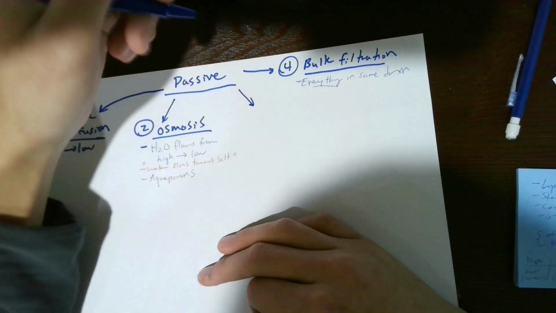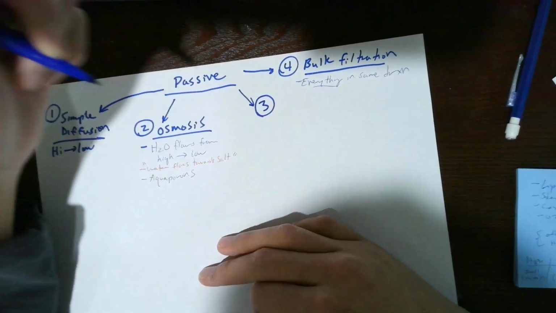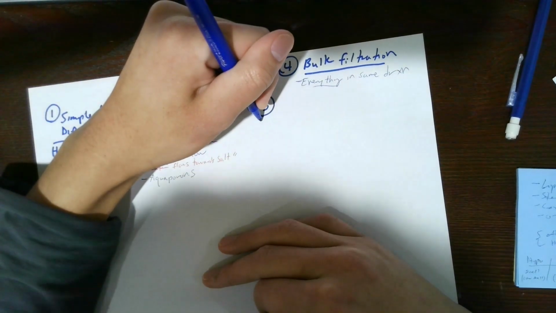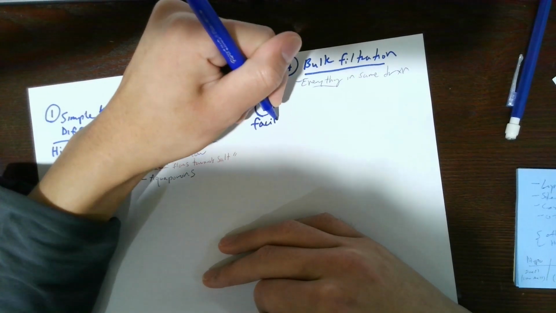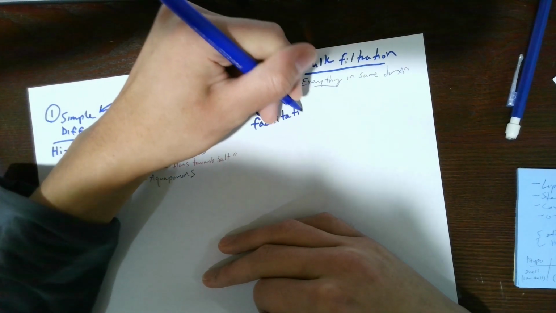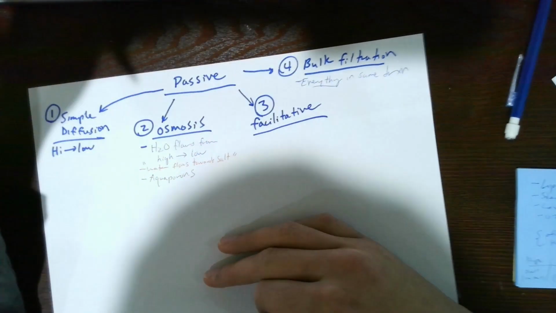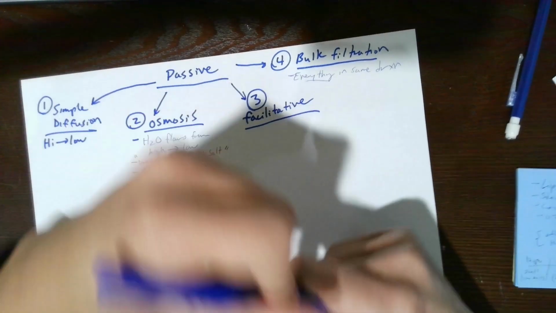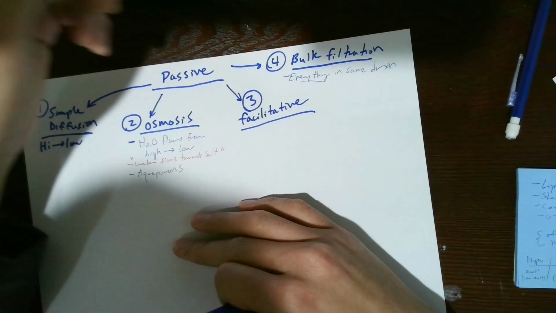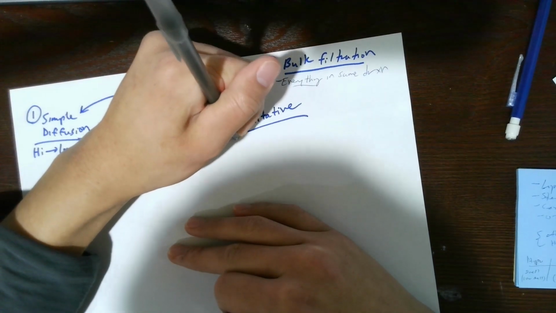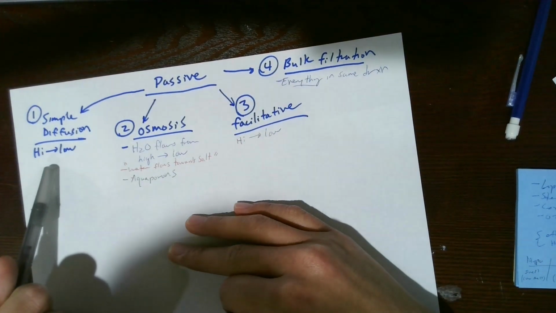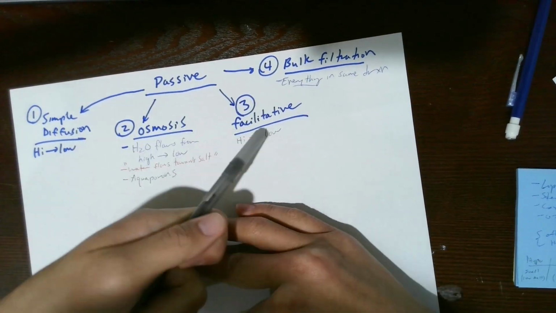Alright, now number 3. This is the big one. The third type of passive transport is going to be facilitated transport. Stuff still goes from high to low, just like simple diffusion, so these two are very similar.